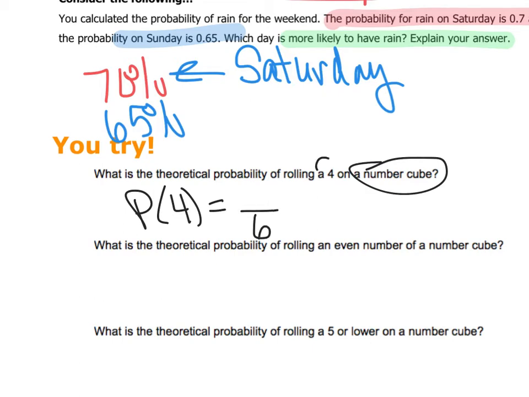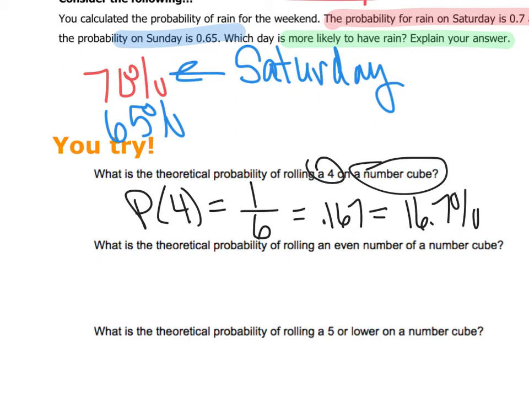What is the probability of rolling a 4? Well, there's only one 4 on the die, so we'd have 1 out of 6. And so a 1 out of 6, we could also change that into a decimal, which would be 0.16 repeating, or 0.167, which is roughly 16.7%.